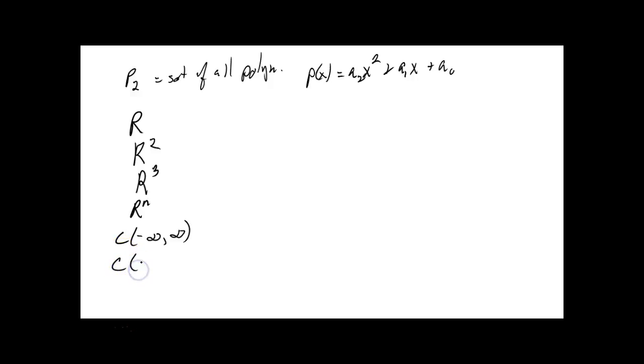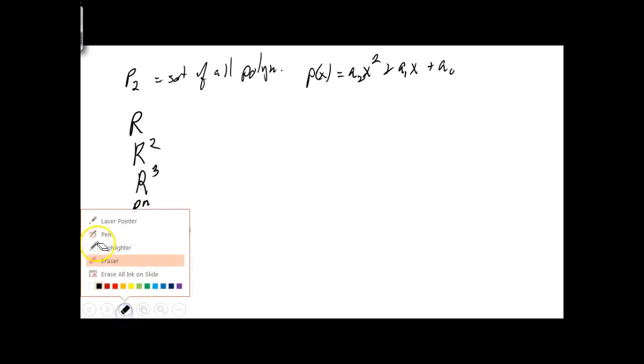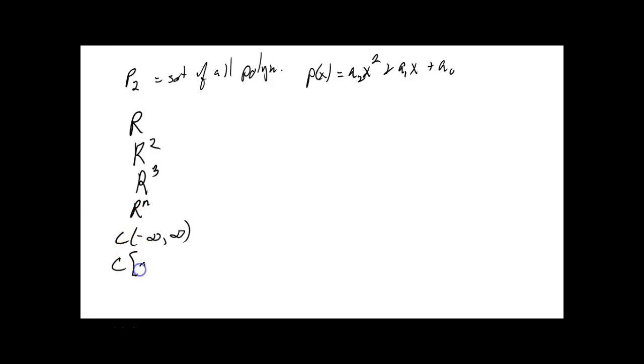Now here's another one. C of, I'm sorry, C of a, b. Now, the set of all continuous functions defined on a finite closed interval. In other words, from -3 to 14, from 3 to 5, from 4 million to 550 million. Any closed interval there.